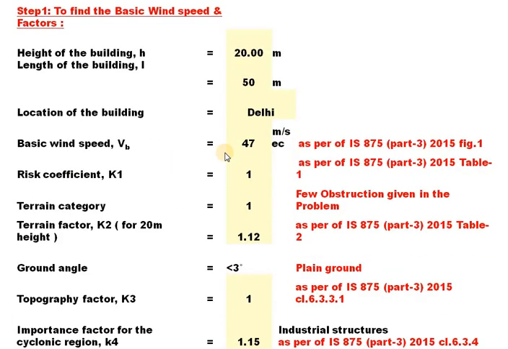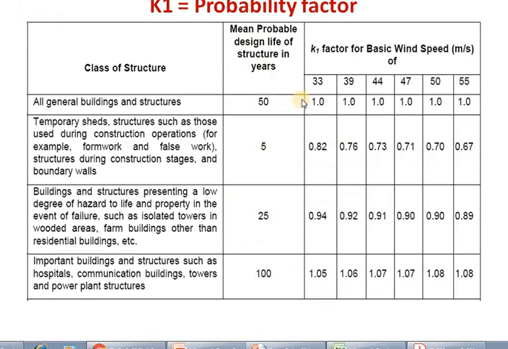So first step, we have to find the basic wind speed and factors. Here we have to find factors K1, K2, K3 and K4. See, the basic wind speed for Delhi we know is 47 meter per second. Risk coefficient K1 for 50 years life period is 1.